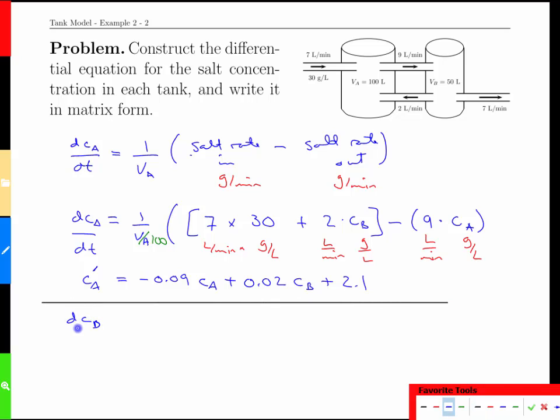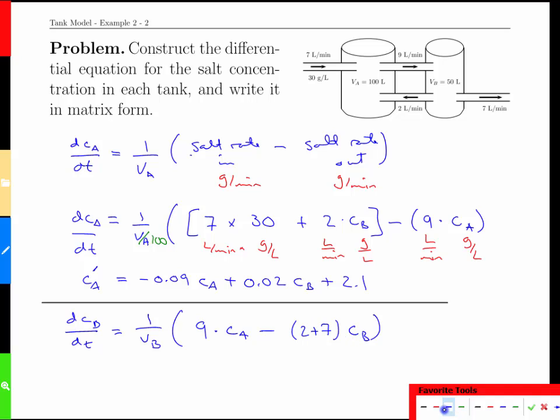We can do the same thing for CB. It's going to be 1 over the volume of B times the rate in minus rate out. And here, if we look carefully, the rate in is only from the 9 times CA. So we'll have a 9 CA. I won't put the units, it's exactly the same, liters per minute, grams per liter. And for the outflow, there's 2 liters per minute coming out this way, and there's another 7 liters per minute going out the other way, so 9 liters per minute total, all relative to the same concentration, CB.